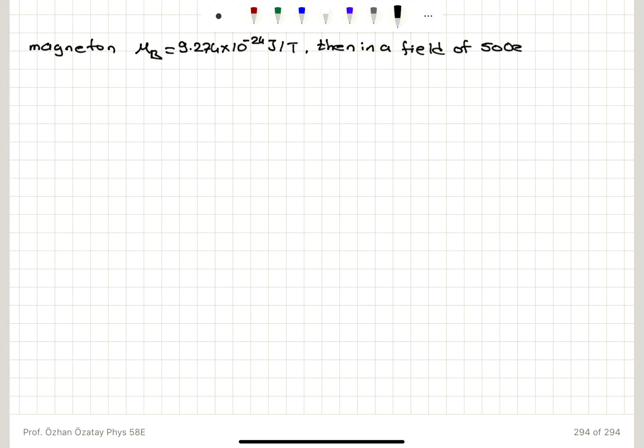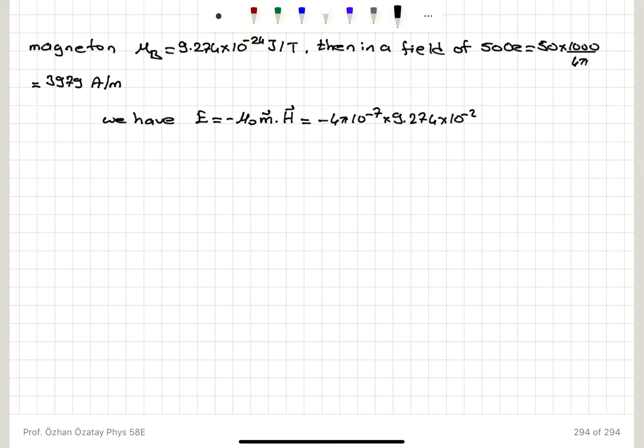We have the magnetic energy, minus mu0 m dot h. I'm using SI units here. This gives me minus 4 pi 10 to minus 7 times 9.274 10 to minus 24 joules per Tesla times 3979 ampere per meter.